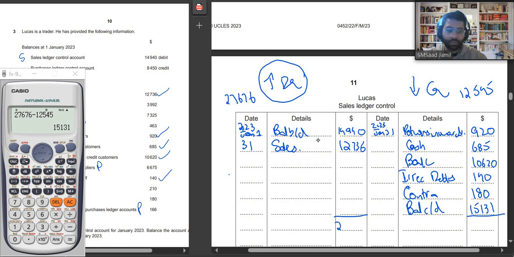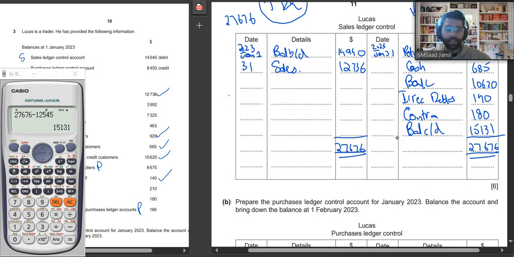Total is how much now? 27,676. 27,676 total on both the sides. And over here, Feb first, balance b/d. Balance b/d is 15,131. And you easily got 6 out of 6 marks.